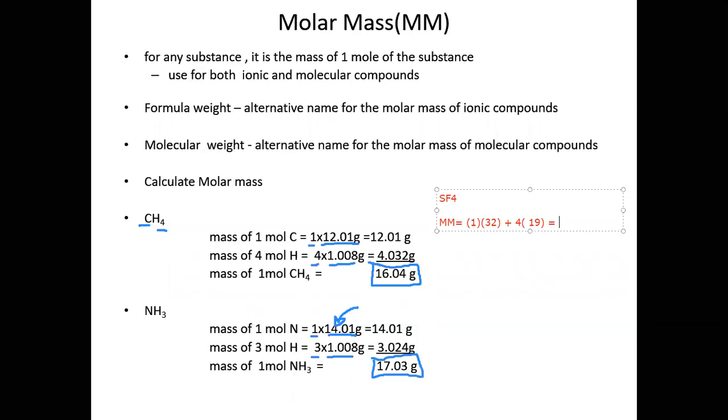And we get 108 grams per mole. And that's how we calculate molar mass. This is very important to calculate correctly, because everything we do in chapter 3 and beyond, you'll need molar mass as well.